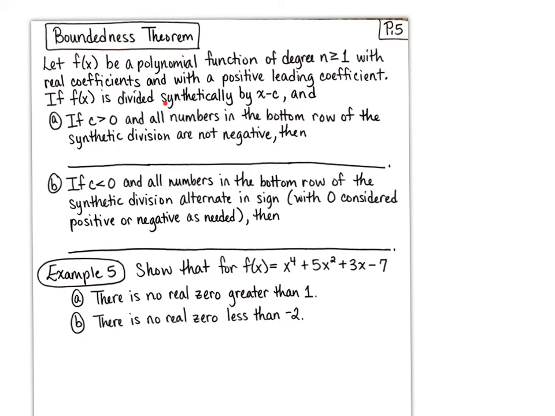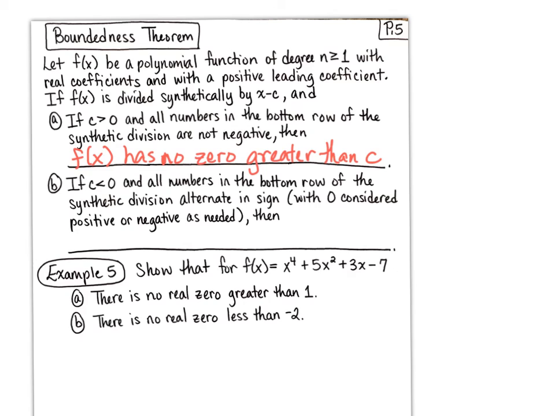If f of x is divided synthetically by x minus c, and if c is greater than 0, and all numbers in the bottom row of the synthetic division are not negative, so in other words, if they're all positive, then f of x has no zero greater than c. So c will be an upper bound.